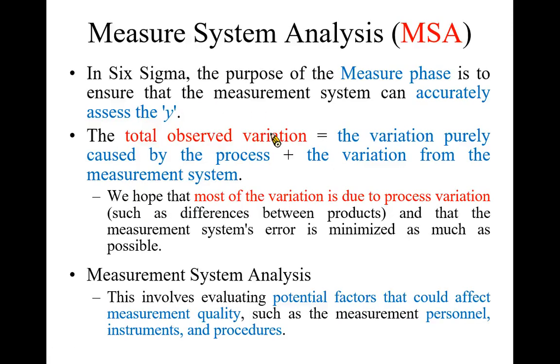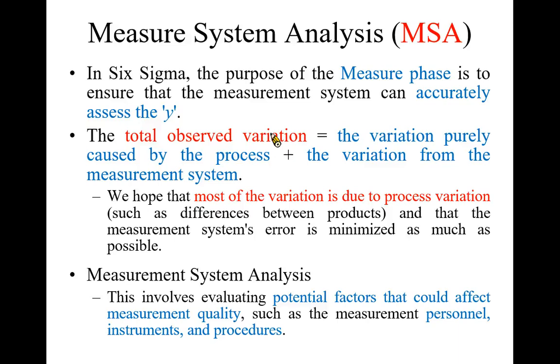So let's talk about the measurement system analysis, MSA. In the Measure phase of DMAIC in Six Sigma, we have to make sure the measurement system can accurately assess the output, the Y. As we know, the total observed variation equals two parts. The first part is the variation truly coming from the process.